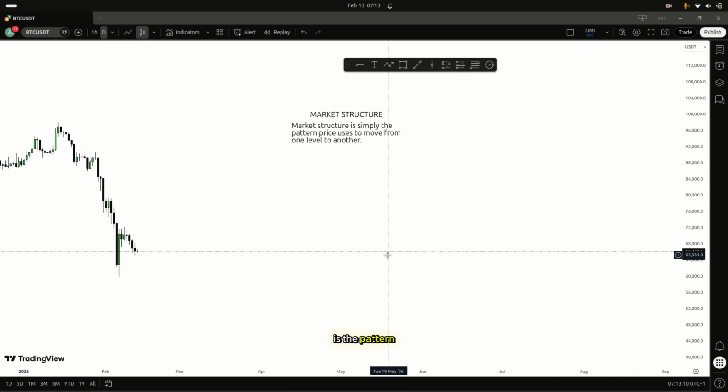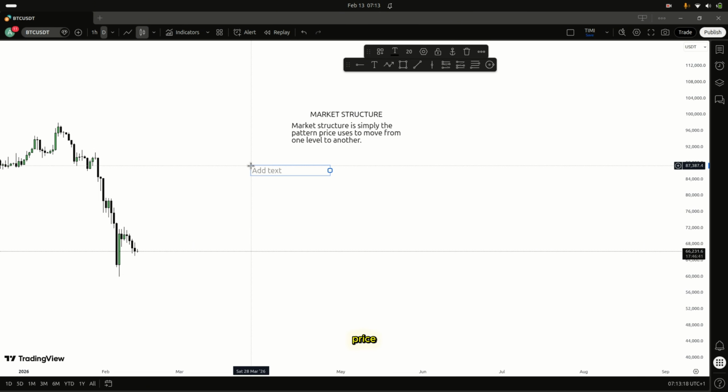So now what is the pattern that price uses to approach these levels? Now there are three ways that price moves. We are going to go over the three ways. The first way price moves is if price is in an uptrend, or if price is in a downtrend, or if price is ranging.